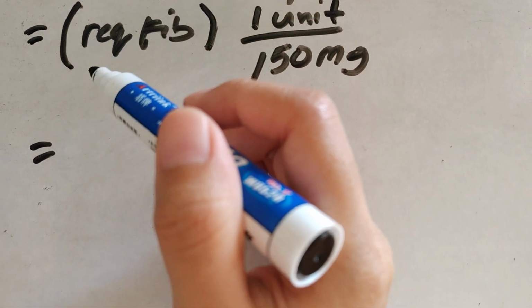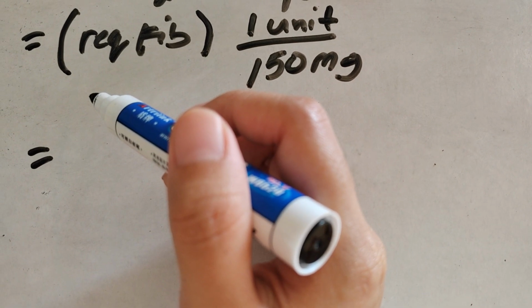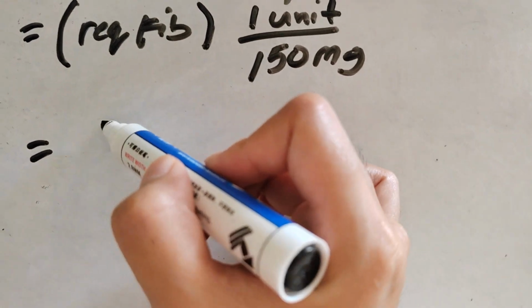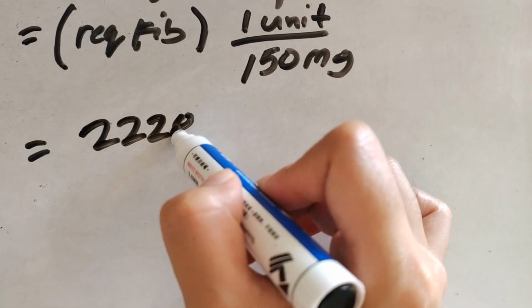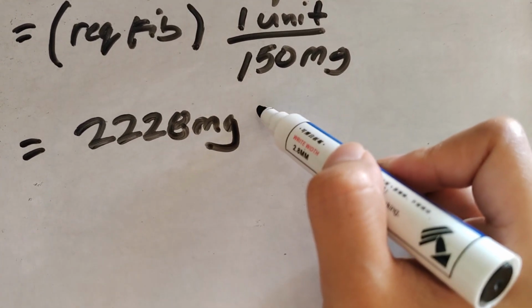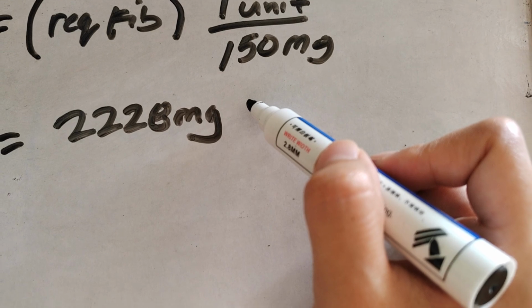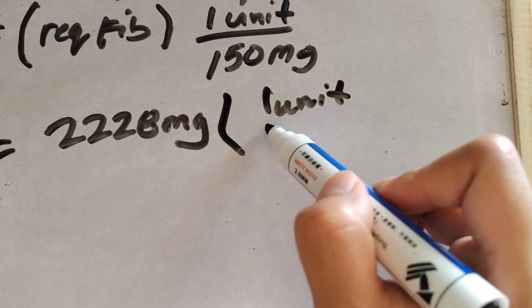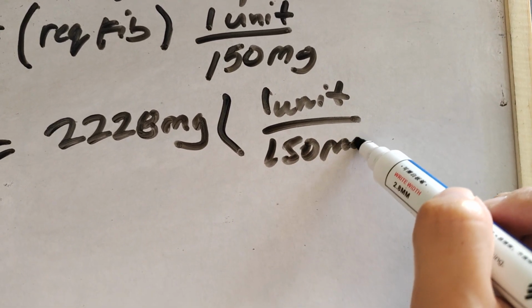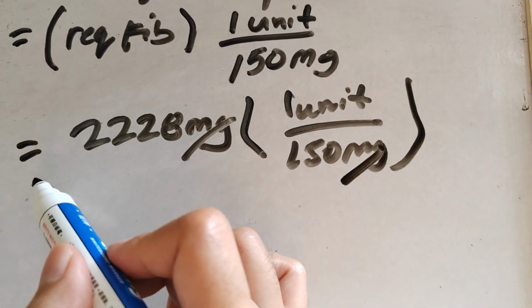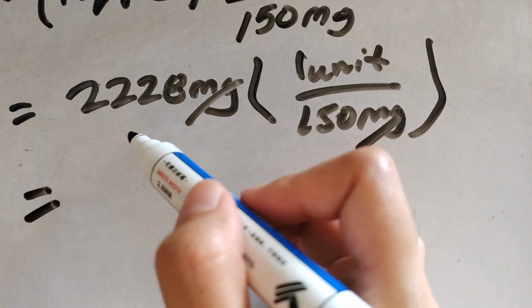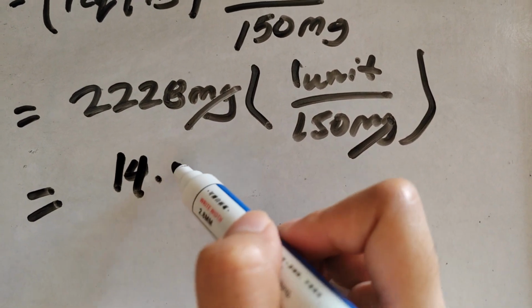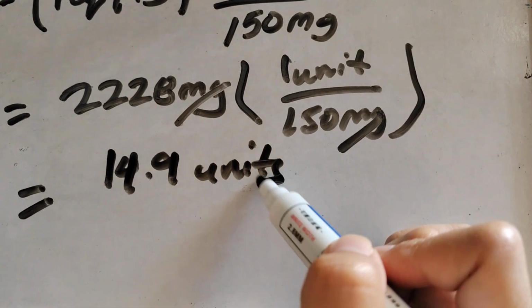Okay. So, required amount fibrinogen kanina na compute natin, that's 2,228 milligram na fibrinogen. Okay? And then, times 1 unit over 150 milligram. Cancel this one out. Equals, that's gonna give you 2,228 divided by 150, 14.9 units.